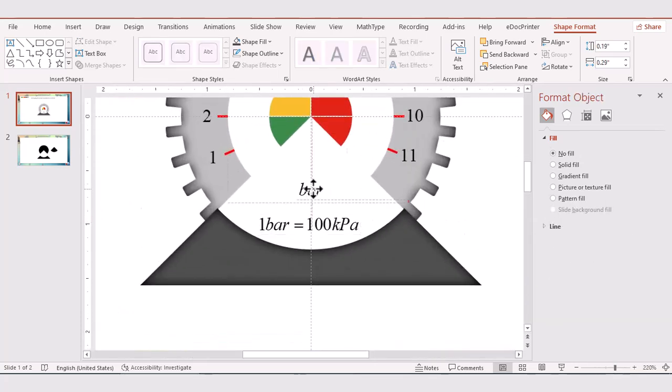Pressure is measured in different units, one of which is the unit of bar.